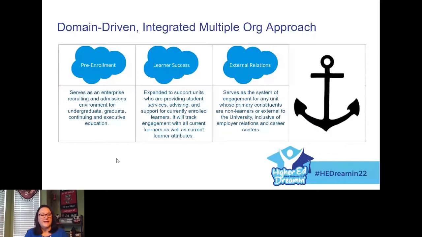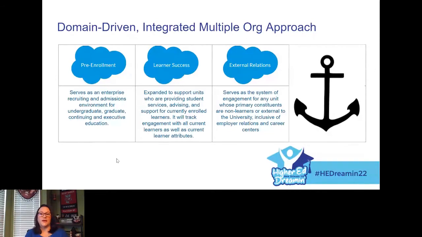So where we've landed is a hybrid approach, and this is what Huron has recommended for us, and this is what we're driving towards. It is a domain-driven, integrated, multi-org approach. Now, if you think back to the orgs that we already have, we've got pre-enrollment already.